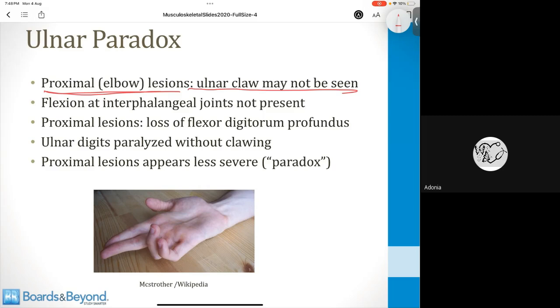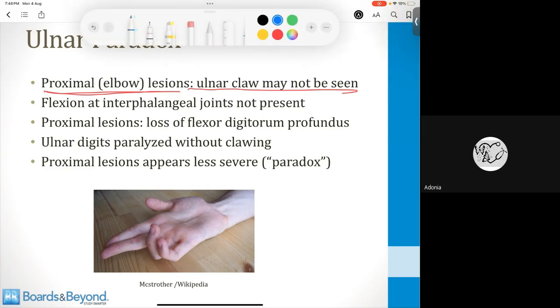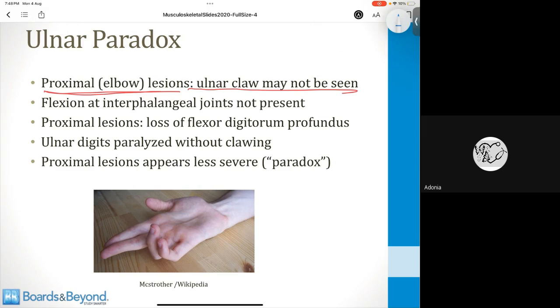Why? Just keep one thing in mind. Okay, let me just draw the picture again. For example, if this is your 1, 2, 3, 4, and thumb, I just told you that the medial two lumbricals are supplied by your ulnar nerve. Remember?